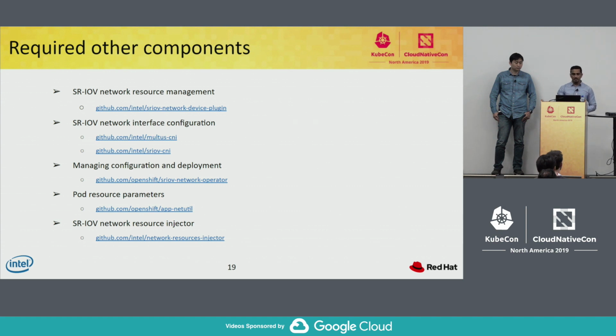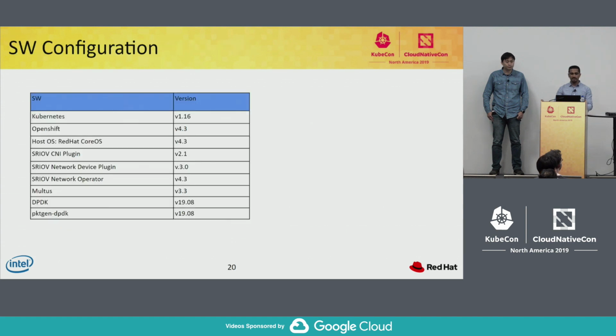So that's AppNetUtil, the framework that provides that information. And there is also the network resource injector that basically adds the required resource allocation to the pod spec as well. So we'll see them in detail later on.